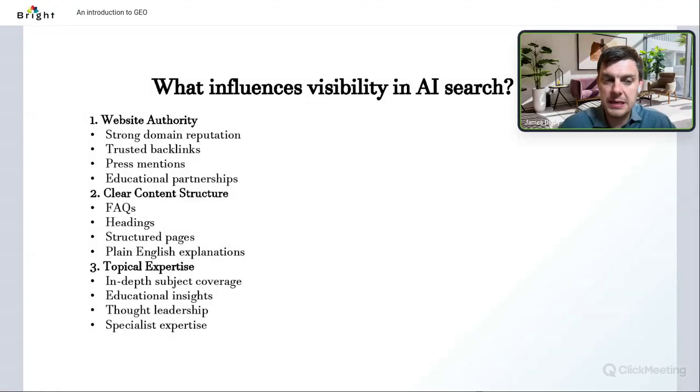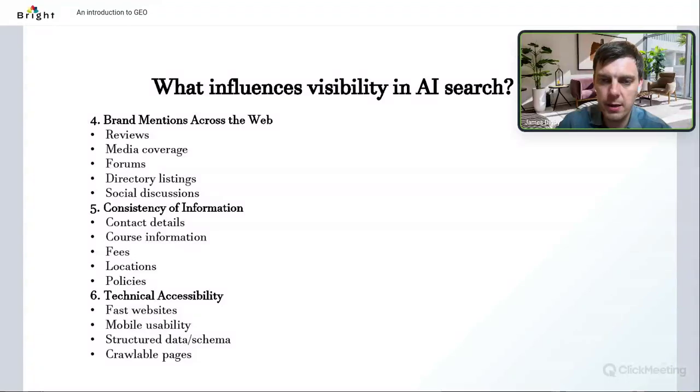And then any specialist expertise will really help, because as people start to use AI increasingly, you don't know when that information is suddenly going to be relevant to people, or potentially trending as a topic. So if you do have specialists within your organization on particular topics, or experts within a particular area, make sure that you're still gathering that information, you're giving it space within your website, because it will help you when people are asking niche questions, and you can come across as the expert within that area.